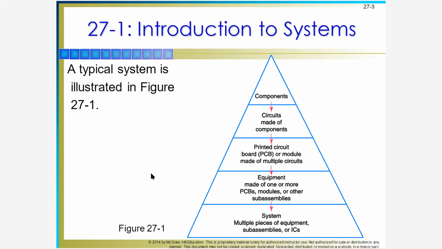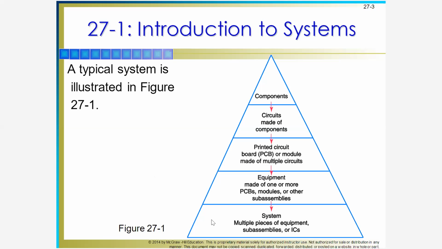The last part is the system. A system consists of multiple pieces of equipment, sub-assemblies or ICs. All the components, circuits, PCBs, and other equipment are put together to form a system.